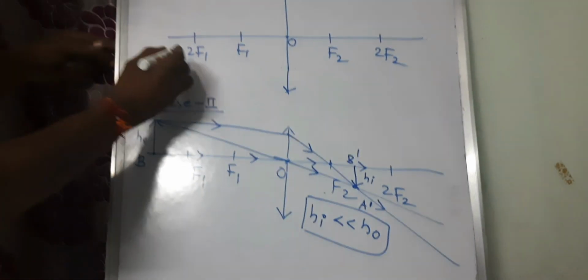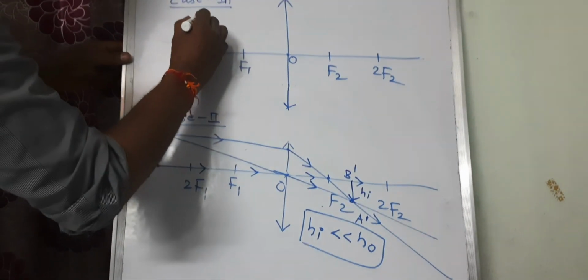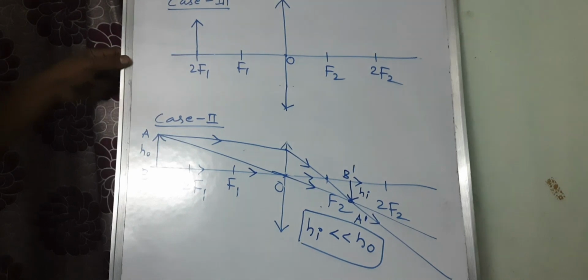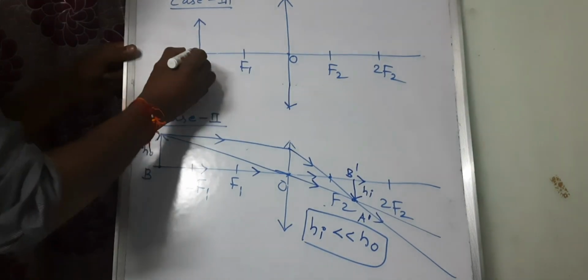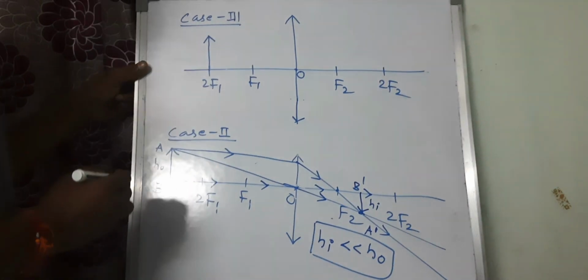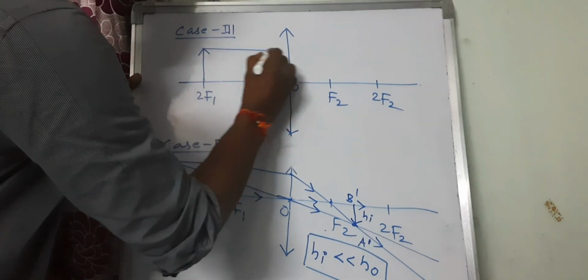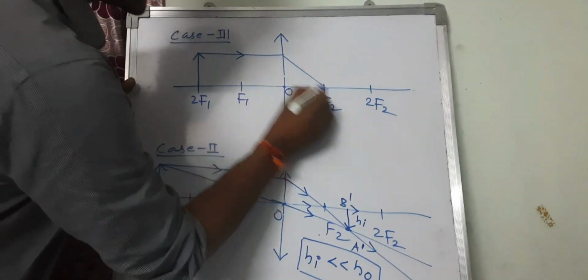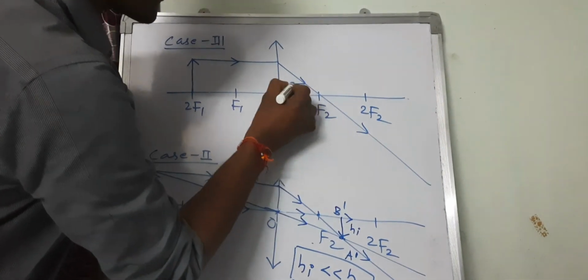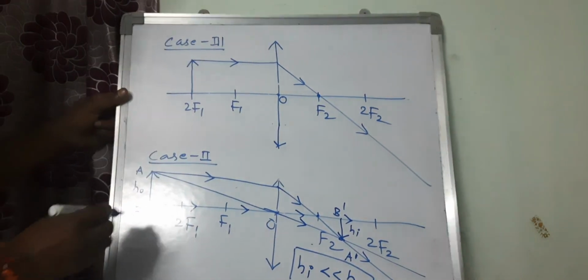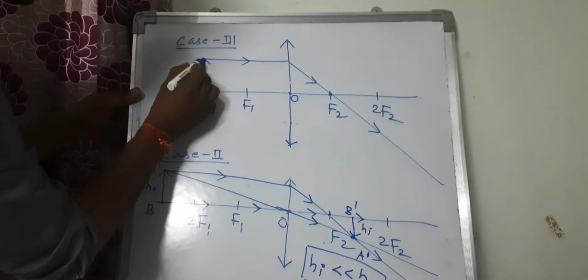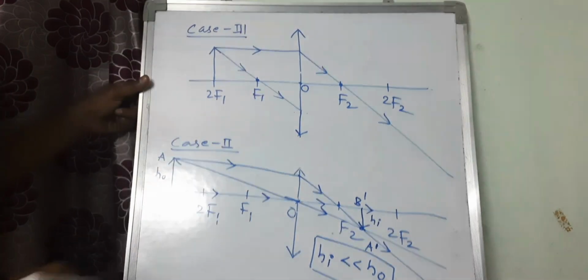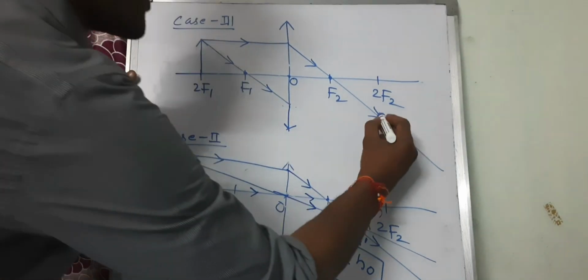Case 3: when the object is placed on 2f1, means the object is located at a distance of twice the focal length. See here, this is the parallel ray. After refraction, it passes through the focus. This is the focus. I am taking one more ray. We know rule 2: if a ray is passing through the focus, after refraction, it is parallel to the principal axis.